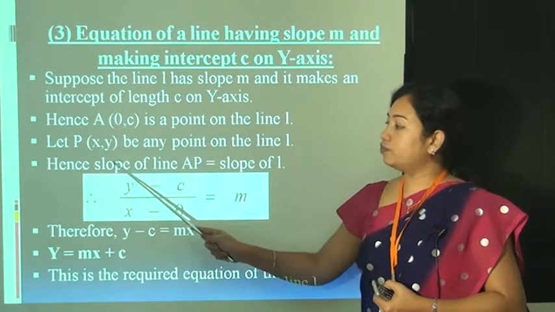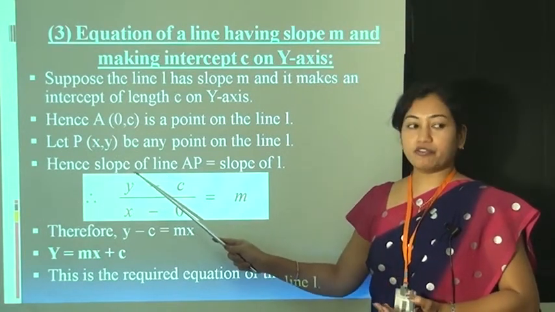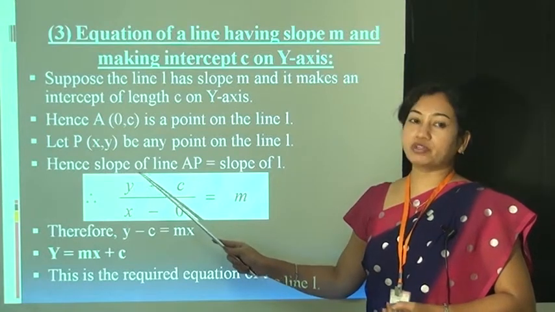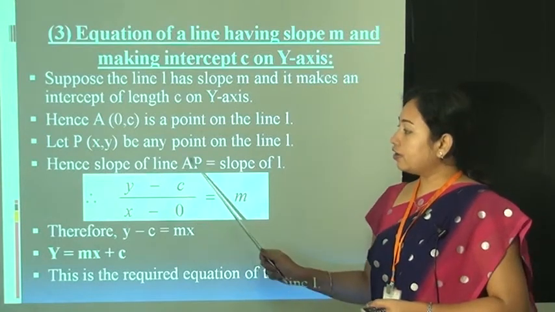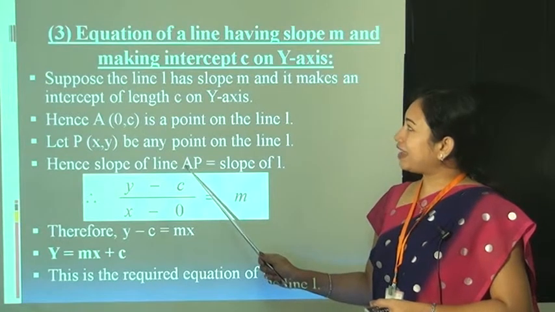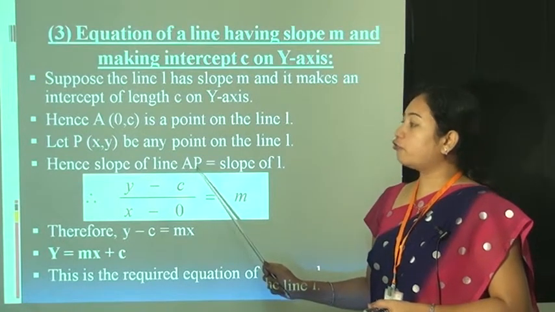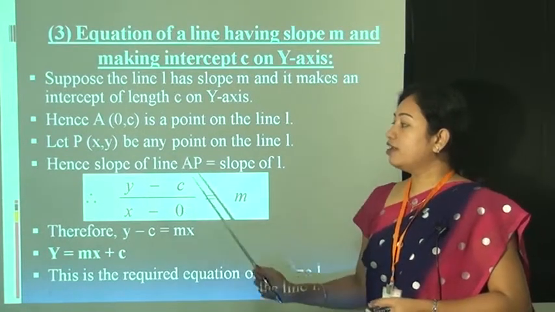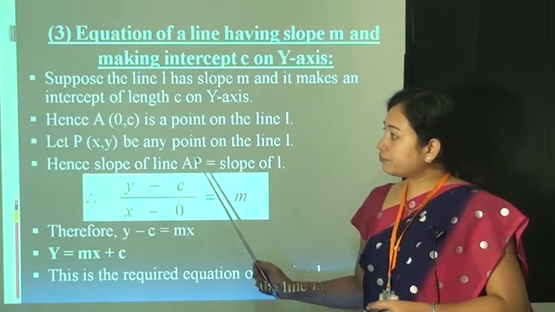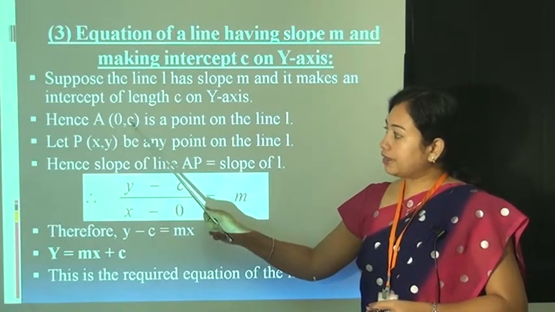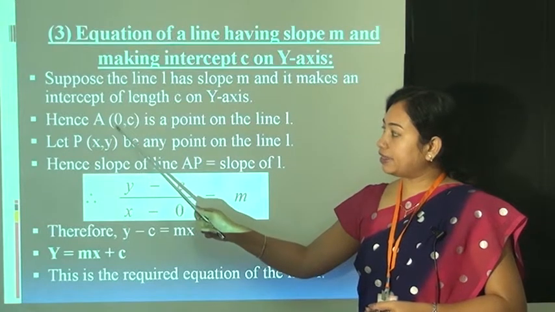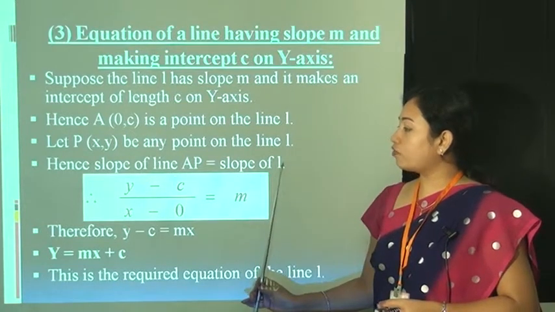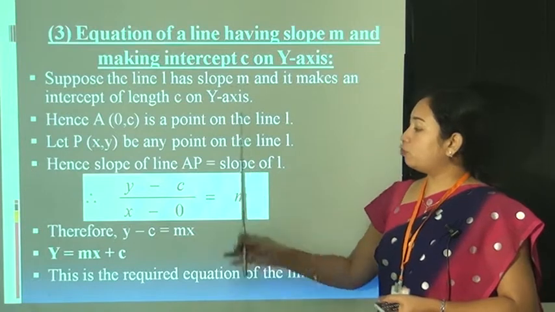Now the formula of slope is the difference of y coordinates divided by the difference of x coordinates. Here the coordinates of point A are 0, c and the coordinates of point P are x and y. So the difference of y coordinates is y minus c upon x minus 0, equal to the slope of line L, and the slope of L is m.